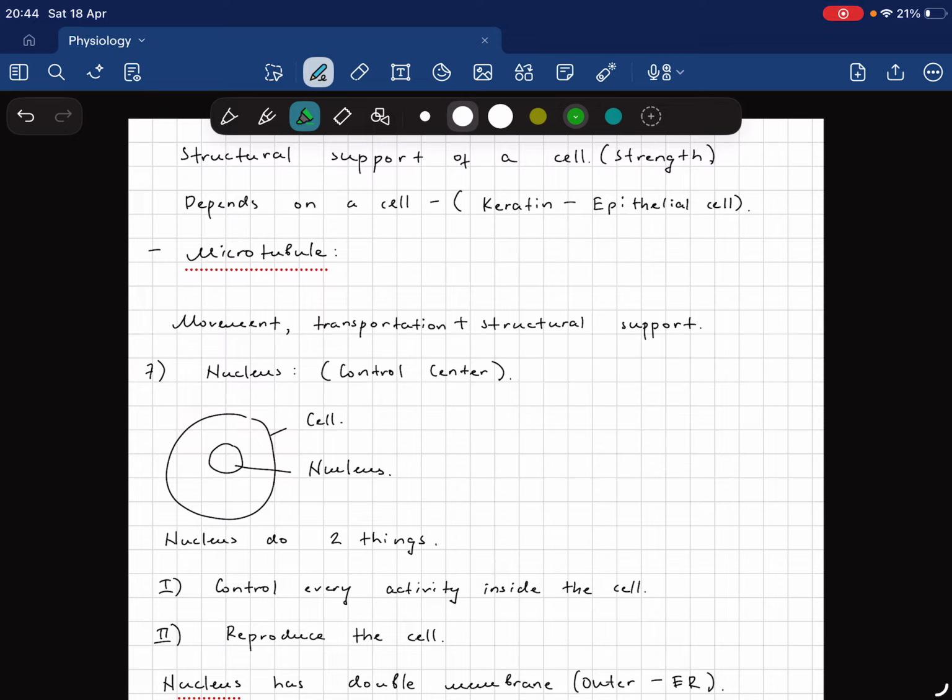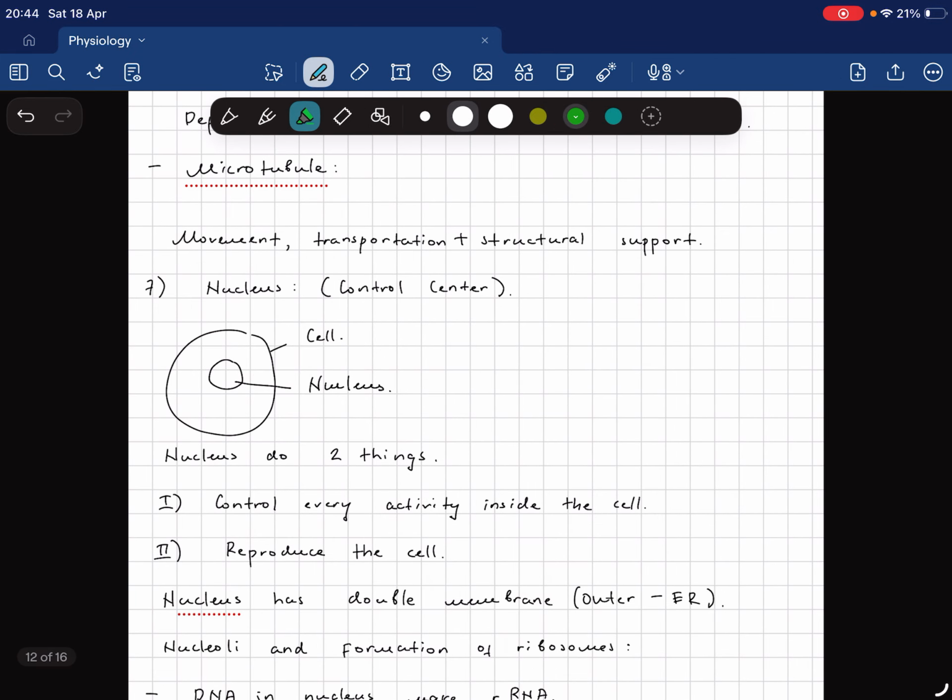It provides a very hard structure so that the cell will not be so fragile. And microtubule does everything that I said about the intermediate filament, and it also provides transportation throughout the cell.